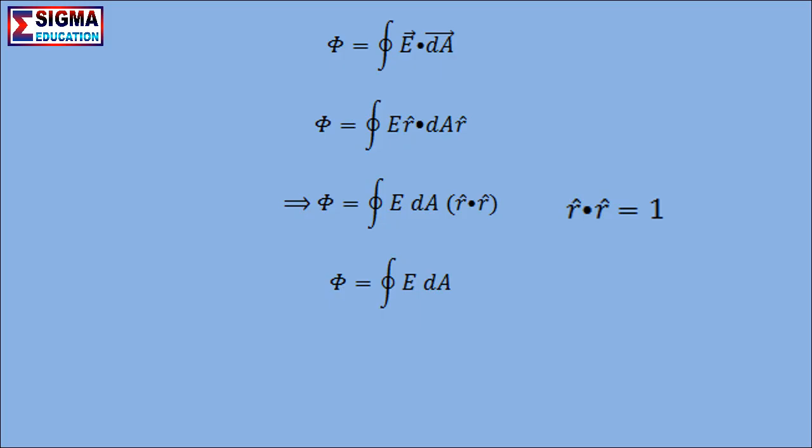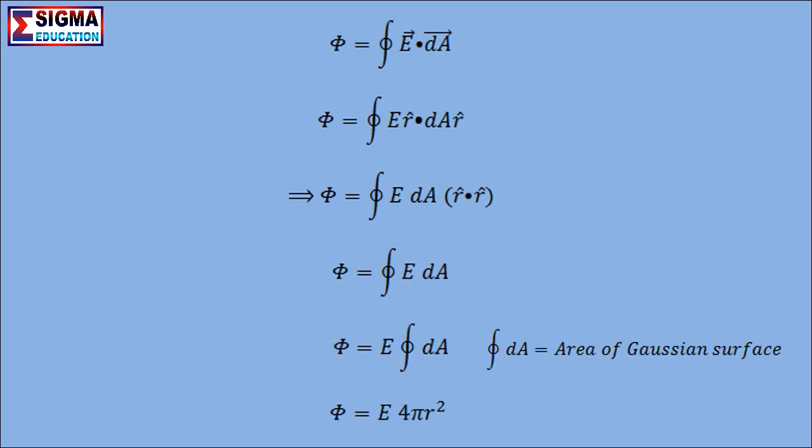Therefore, the magnitude of the electric field intensity at every point on the Gaussian surface is constant. Therefore, capital E comes out of the integration, and on solving we get the electric flux phi equal to E into 4 pi small r square.